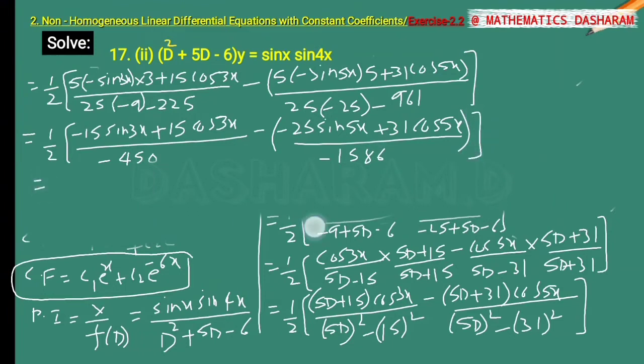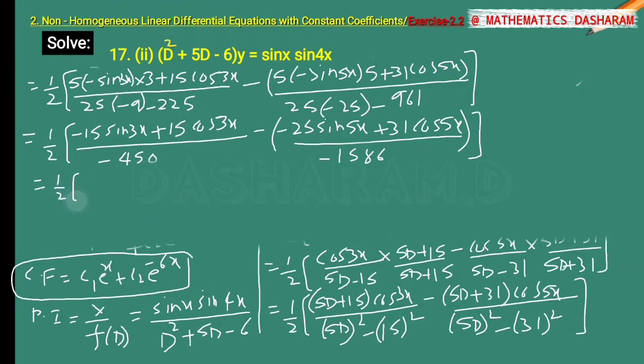So it is equal to 1 by 2 bracket of, let's take the minus common in the numerator, and that minus will cancel with the denominator. So 15 cos, let's take the minus 15 common, minus 15 sin 3x minus cos 3x divided by minus 450.